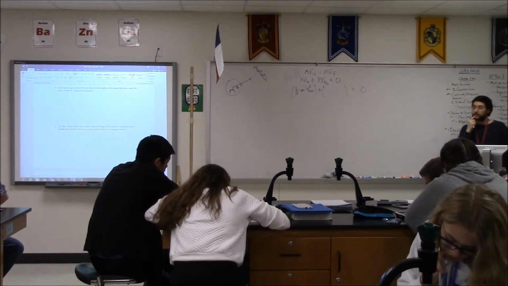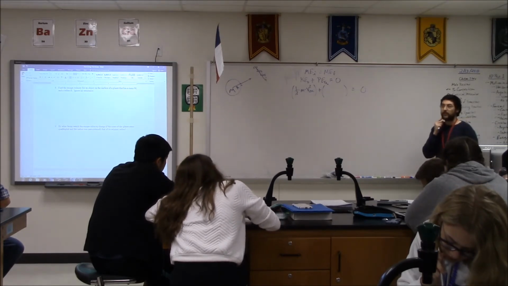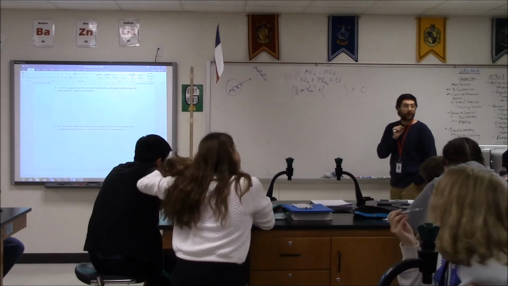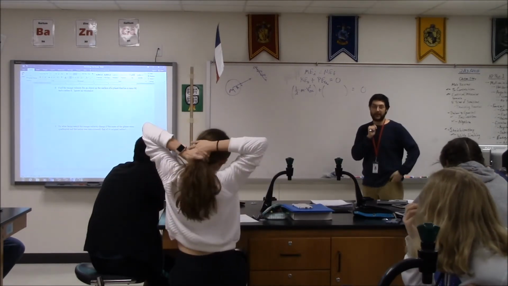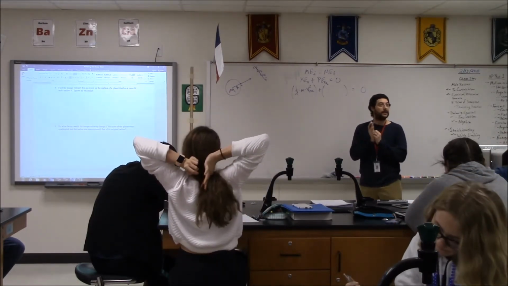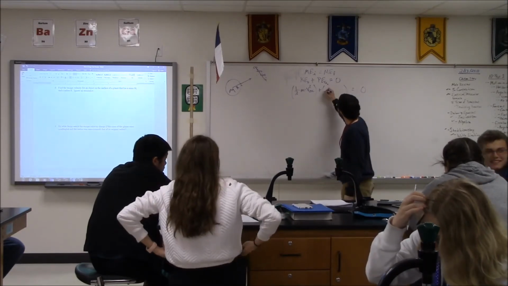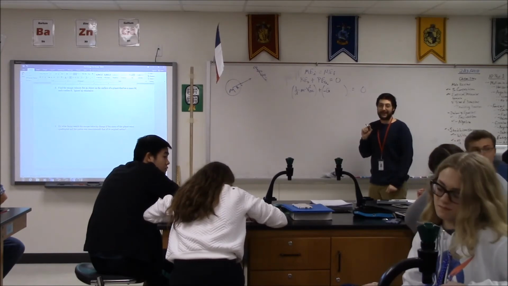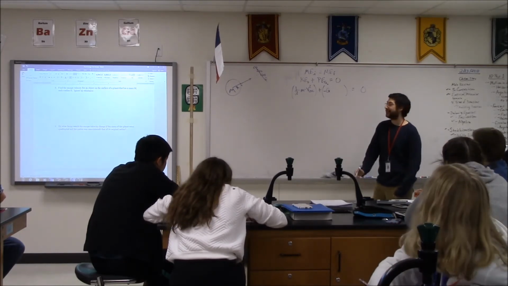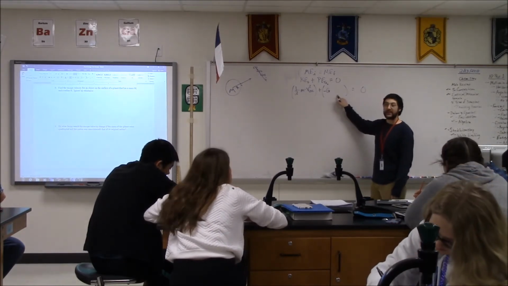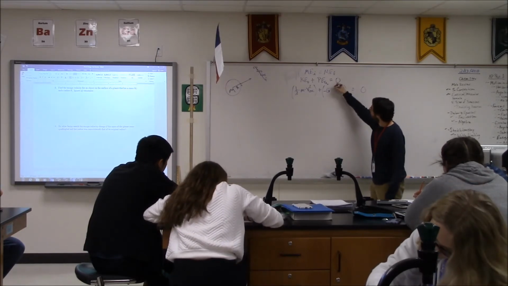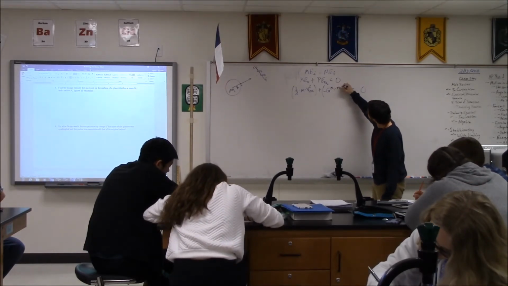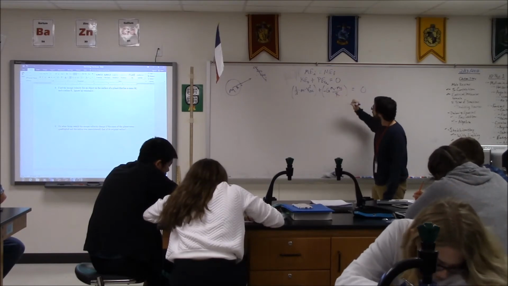What's that going to be? The big G times M1, M2 divided by R, negative. Yeah, y'all can have your notes out. So negative big G, M1, M2 over R.